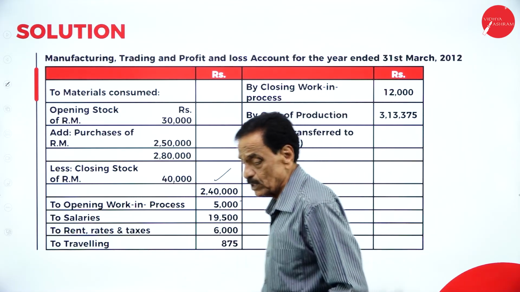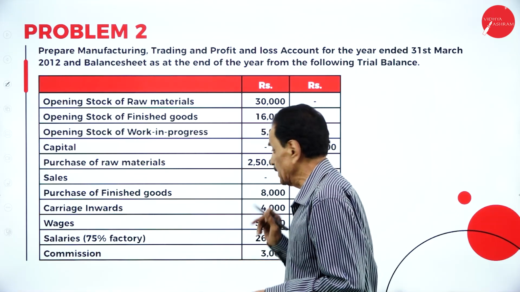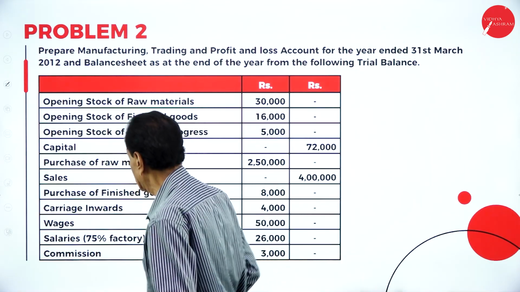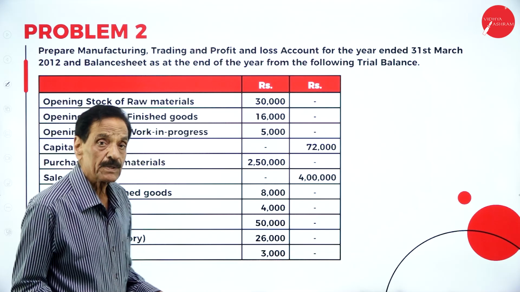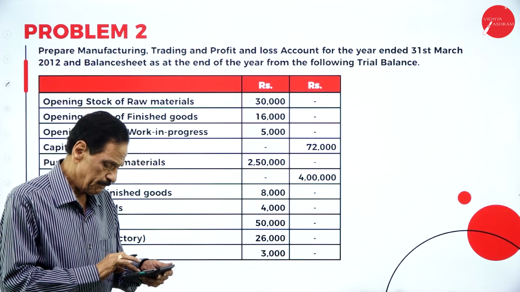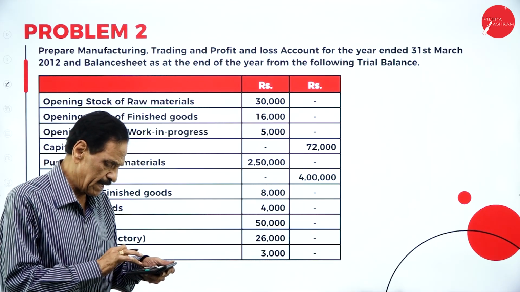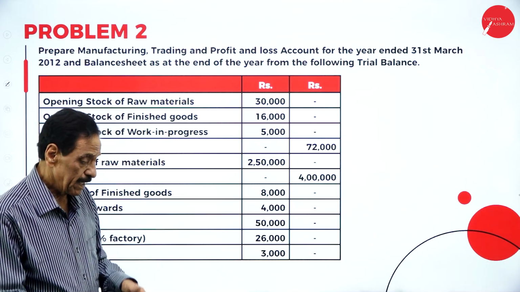Salary 19,500. If you see that, what's your salary? 26,000. Out of 26,000, 75% goes to manufacturing account. 26,000 into 75 divided by 100, that is 19,500.